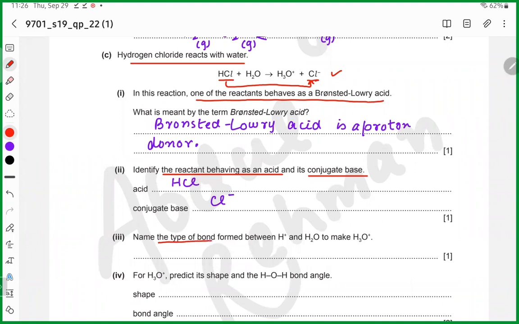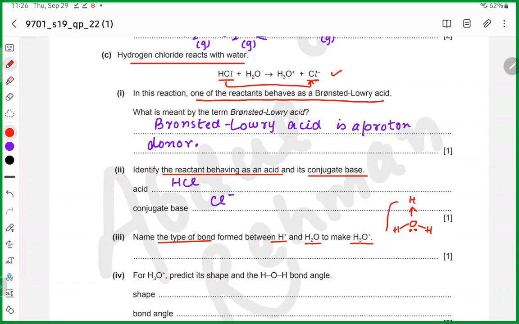Name the type of bond formed between a hydrogen ion and H2O to make H3O+. H2O cannot form a covalent bond because it already has the maximum number of covalent bonds. But oxygen has a lone pair, so it provides its lone pair to form a bond with the hydrogen ion.